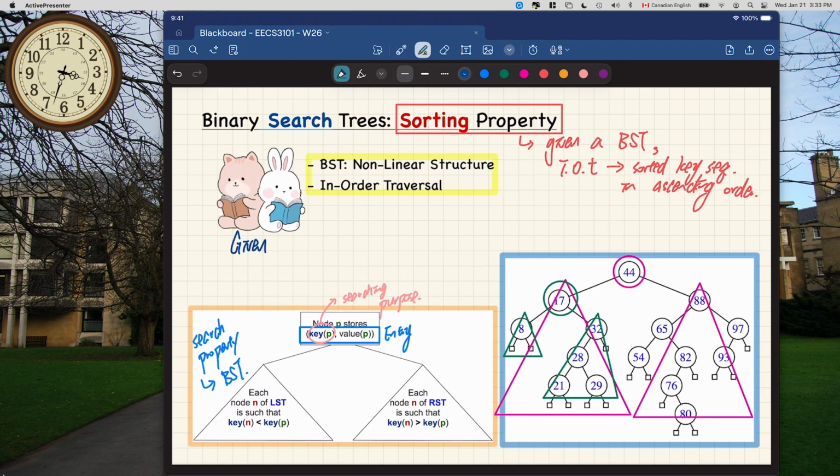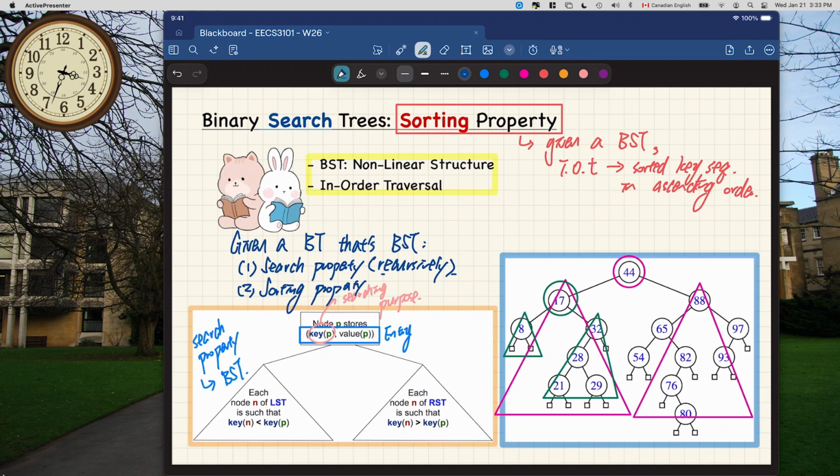Given a binary tree that happens to be a binary search tree, number one, you have to check the search property, which can be done recursively. And also, you have the sorting property, in which case you have to perform in-order traversal.